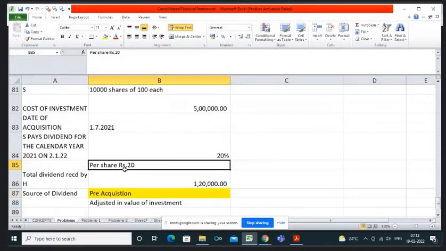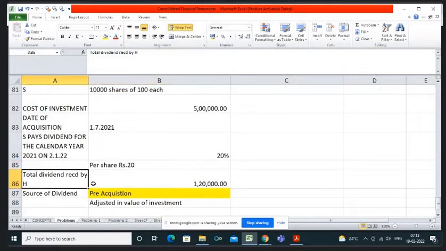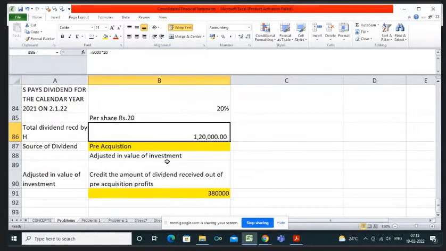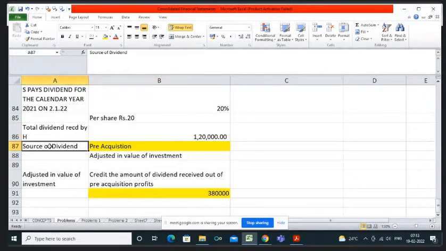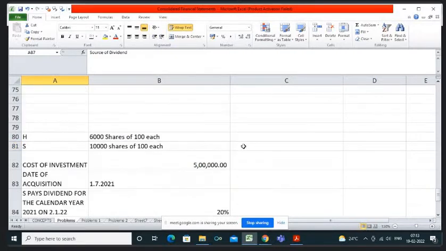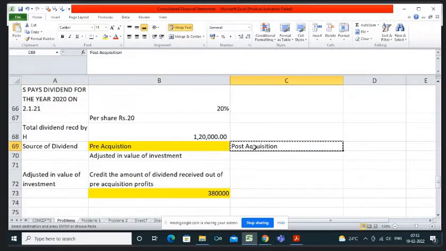So the per share dividend is 20. So what do we have to do? We have to find out the total dividend, 1,20,000. Now we have to decide what is the source of dividend, whether it is pre-acquisition or post-acquisition.